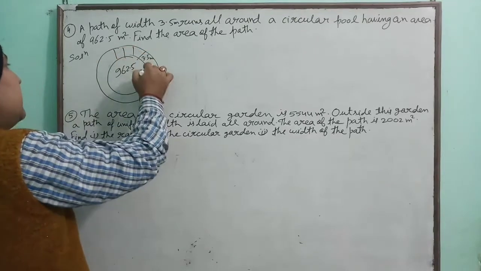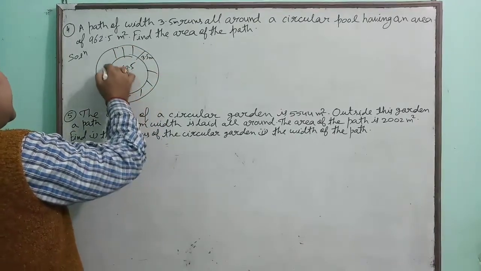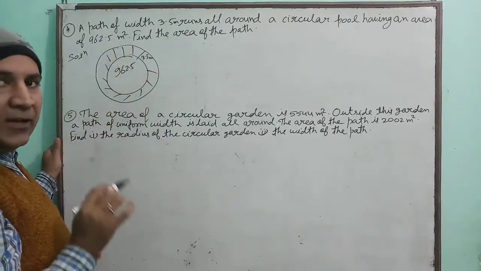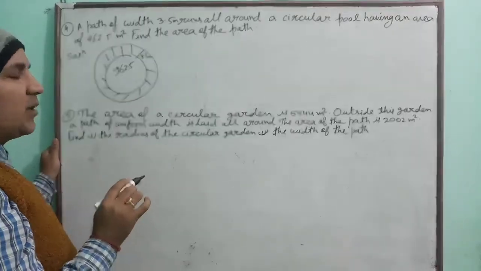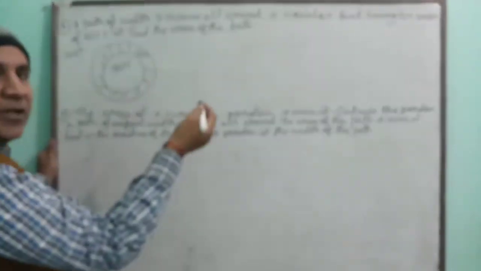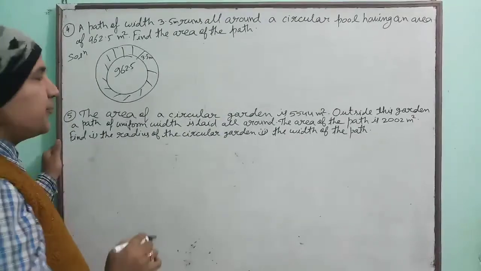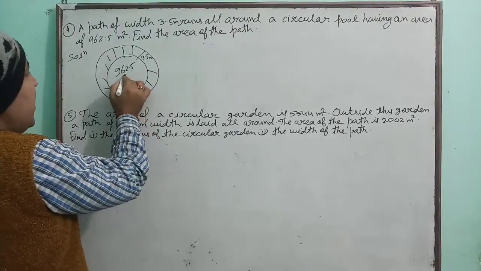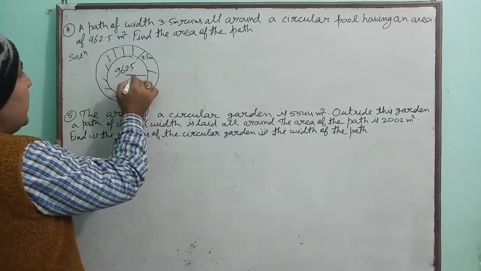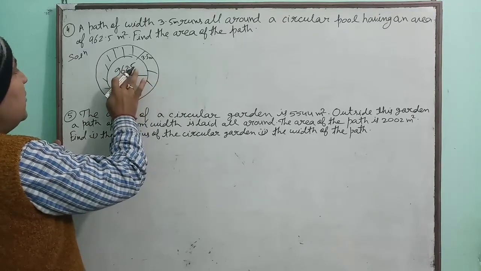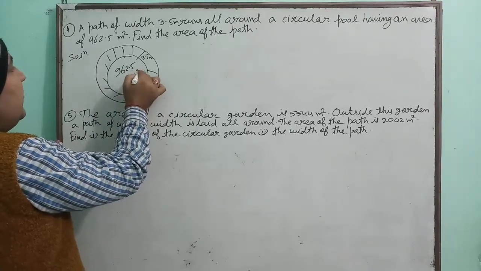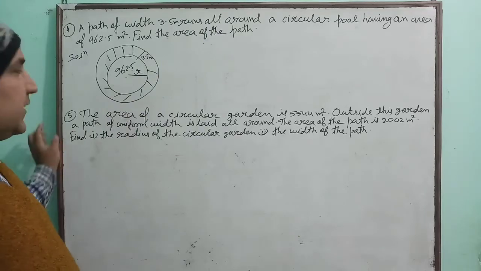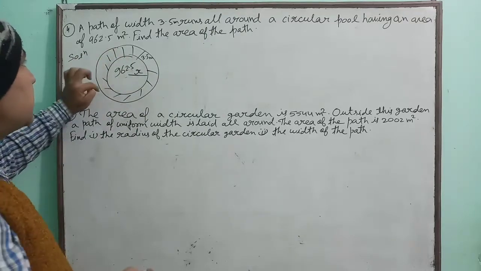Area of the path means we have to find the area of the ring. And we know that the area of the ring formula is pi into capital R square minus small r square. So here the area of the circular pool is given. If we take radius r, then we can find the radius of this pool.